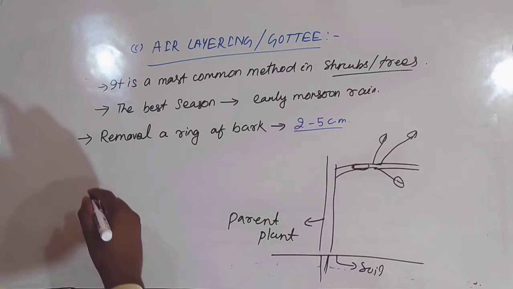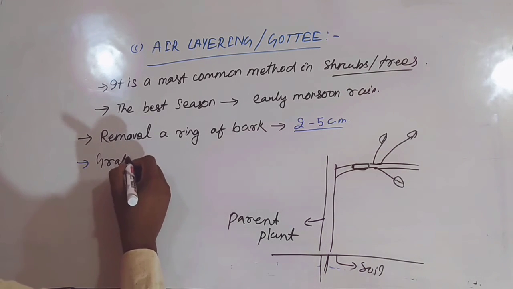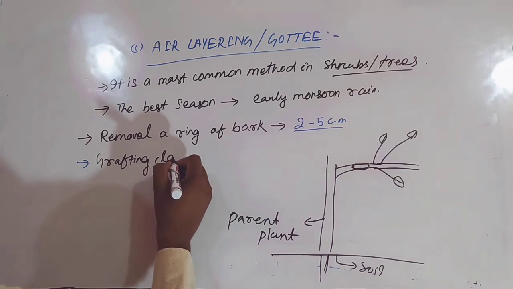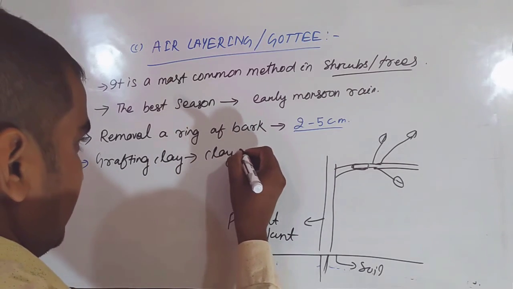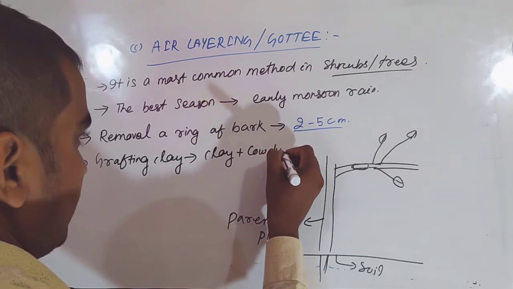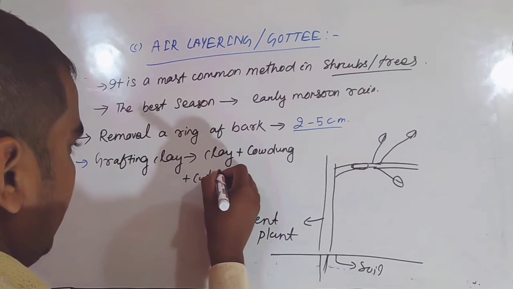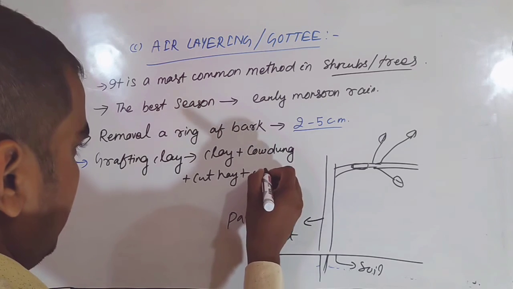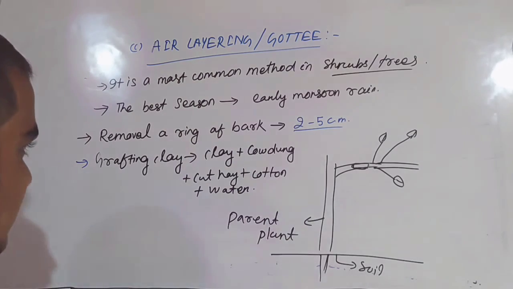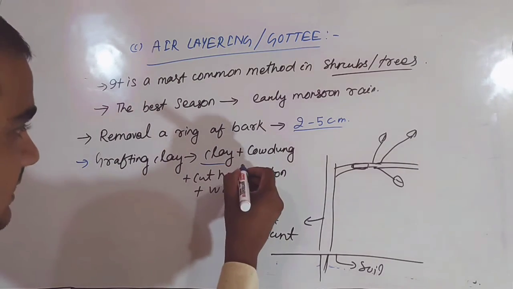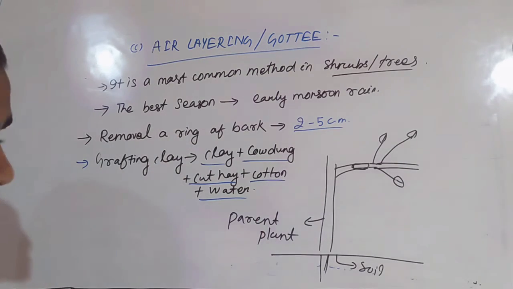Here important thing, grafting clay or moist moss. The grafting clay is a combination of clay, cow dung, finely cut hay, cotton, plus water.